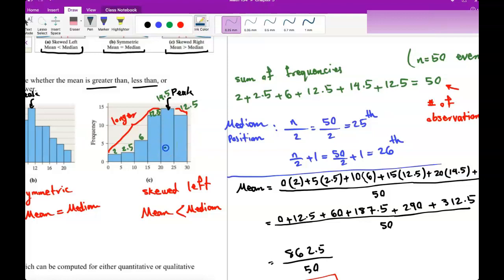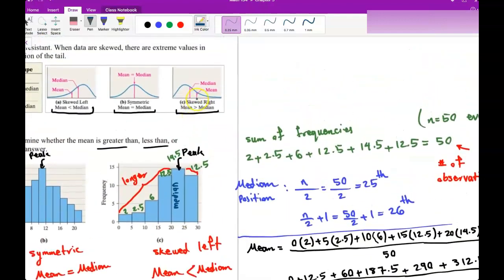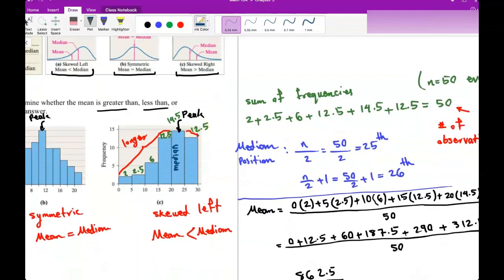So here we have the median. Our median is here and our mean, based on what we have here, is approximately in between. So it should be somewhere here in between.